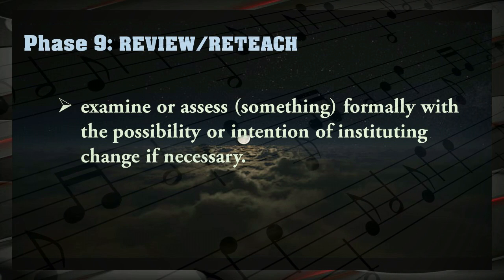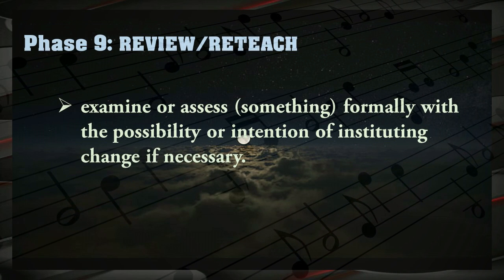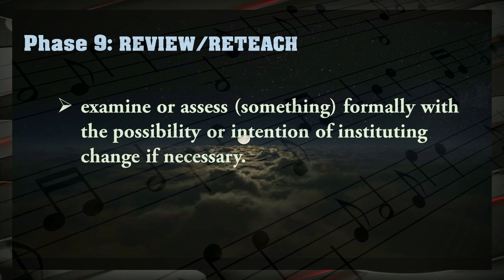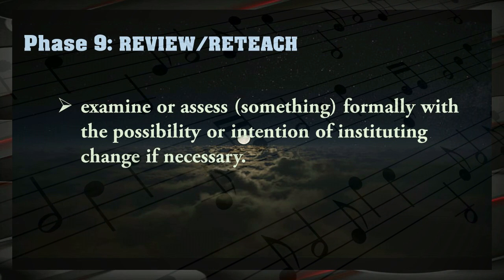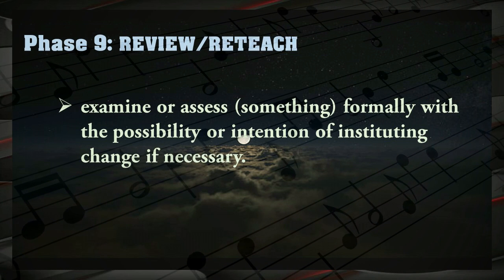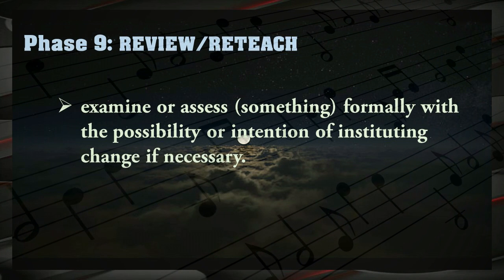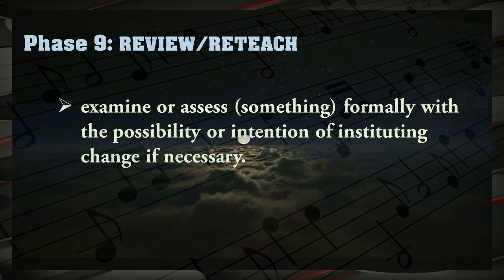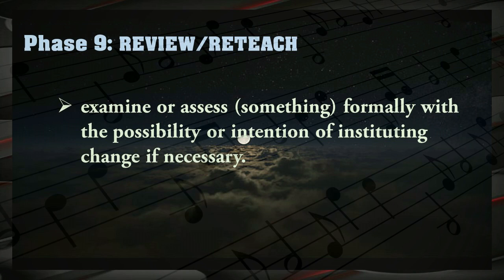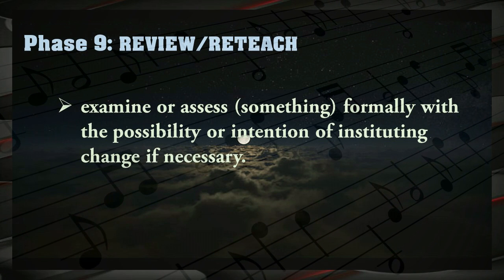Phase number 9. Review or reteach. Here, the teacher is going to examine or assess something formally with the possibility or intention of instituting change if necessary. If the result of your lesson is good, then maybe you are going to make it better the next time.